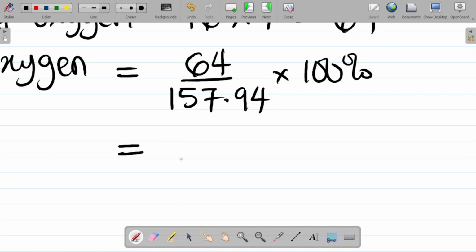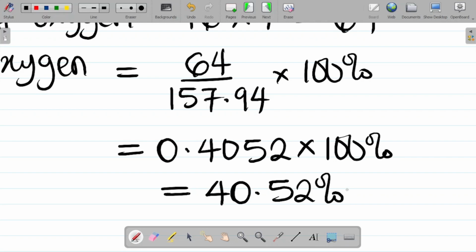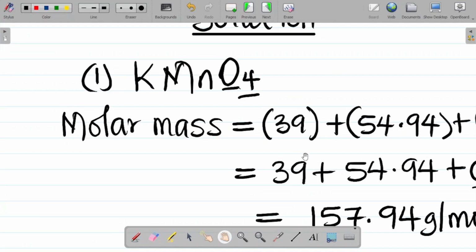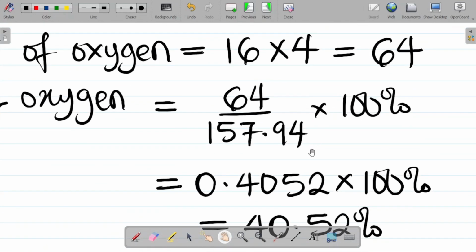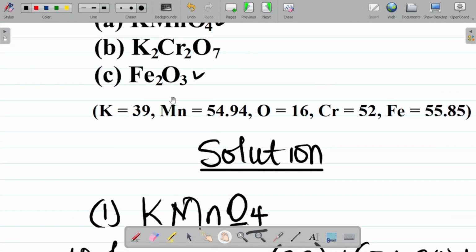That would give us 0.4052, multiplied by 100%. And if you do this, this is equal to 40.52%. So for the first compound, which is potassium tetraoxomanganate 7, the percentage composition of oxygen is 40.52. I'll leave out the B part for you.